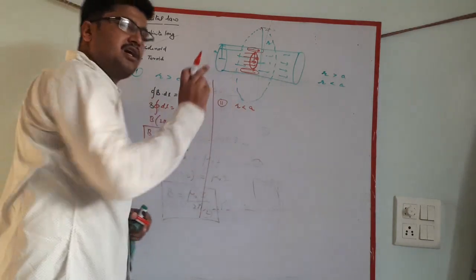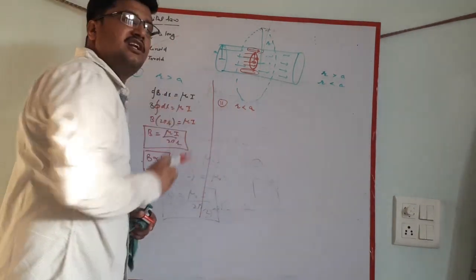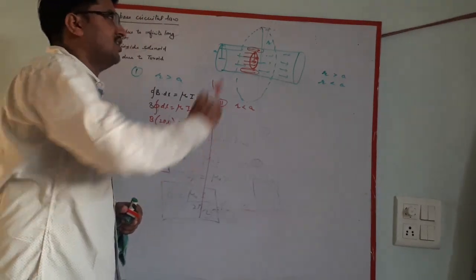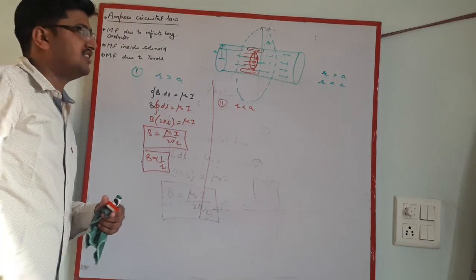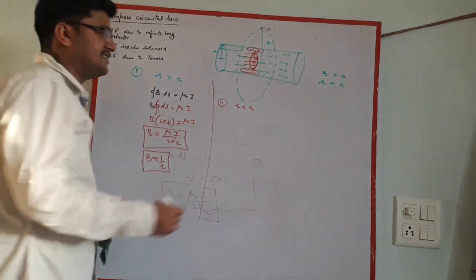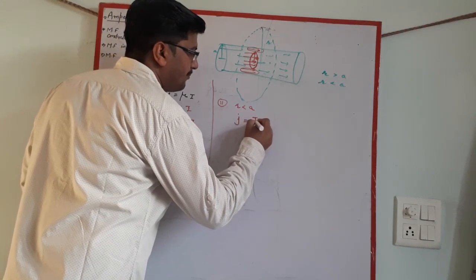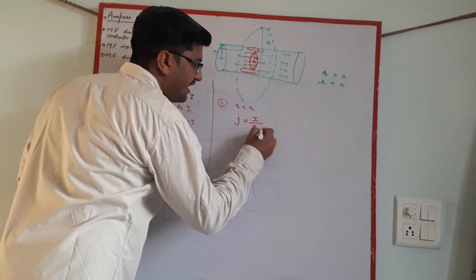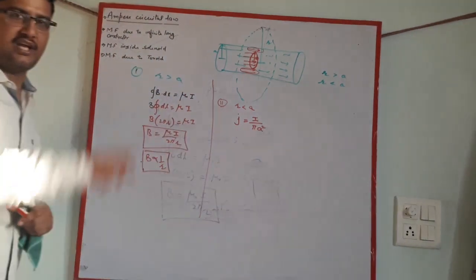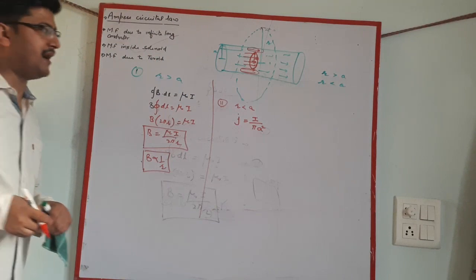But here the current is flowing uniformly across the cross-sectional area. That means the loop still has current. How much current? That we can find with the help of the current density. J is the current density, so J is equal to I upon A, where A is the cross-sectional area of the conductor, pi a square.